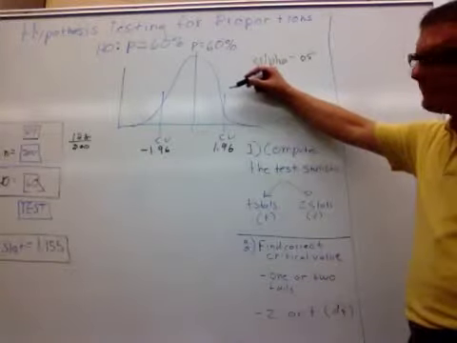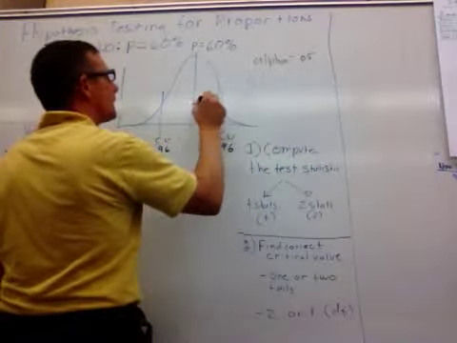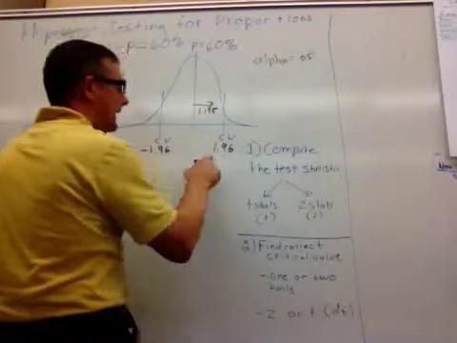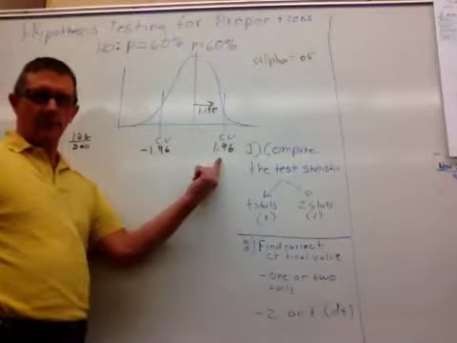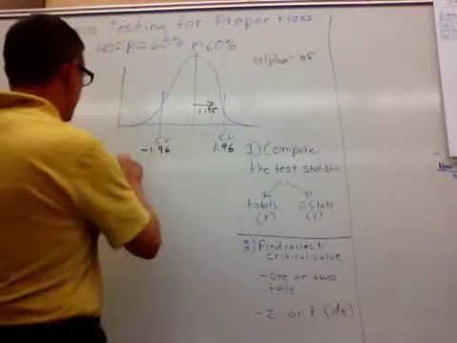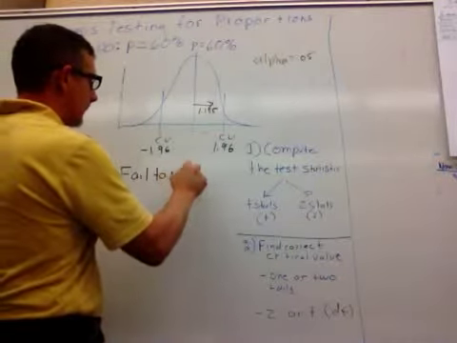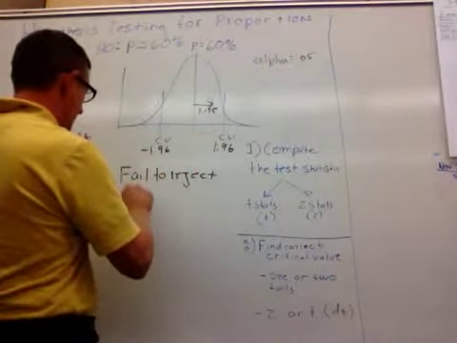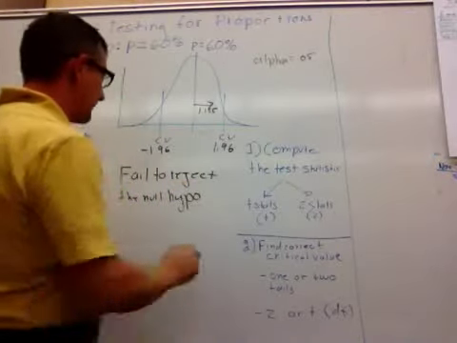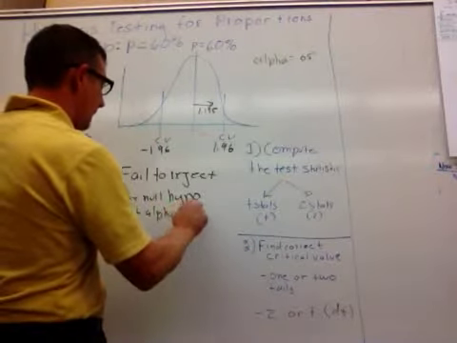Alright, but you should have the picture drawn. Now, the test stat only goes over to 1.155. It doesn't go over as far as the critical value. So, our result is we fail to reject the null hypothesis at an alpha of 0.05.